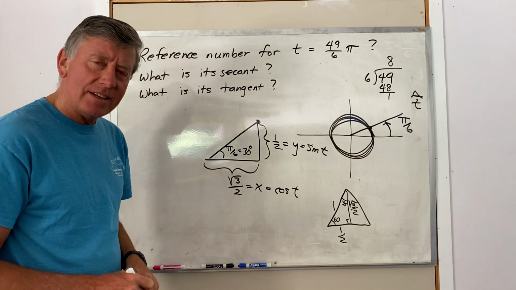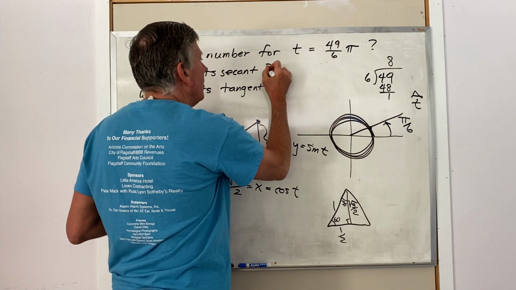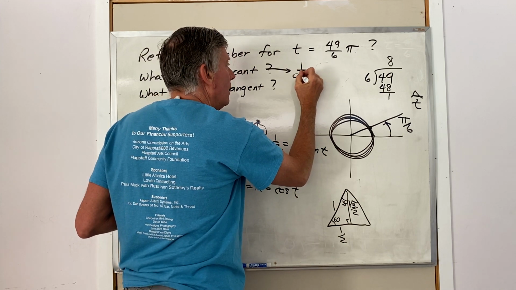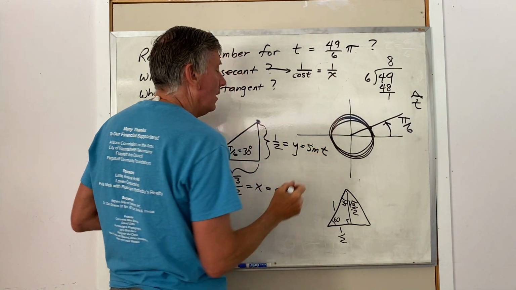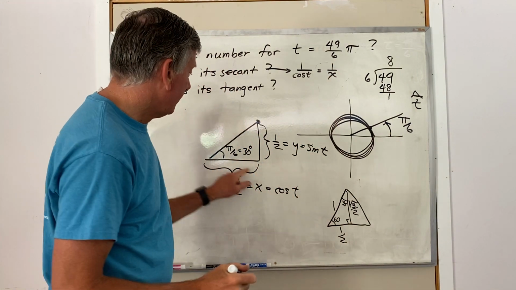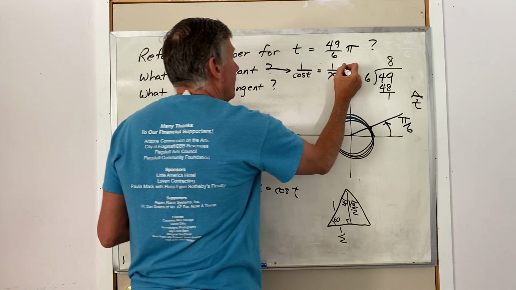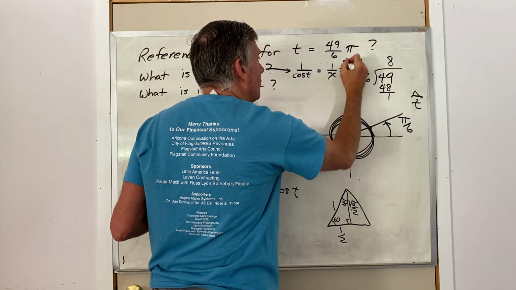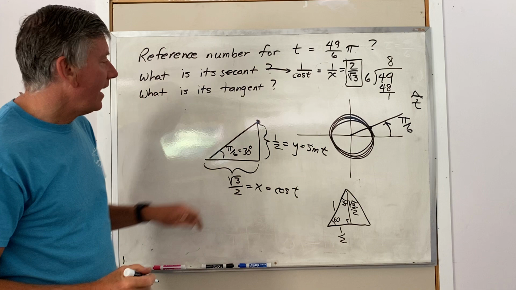What is its secant? Well, if you remember, the secant is 1 over the cosine of t, which is 1 over x. So 1 over x here, flip these around, is equal to 2 over the square root of 3. Put a box around it. That's it. That's your answer. What is the tangent?